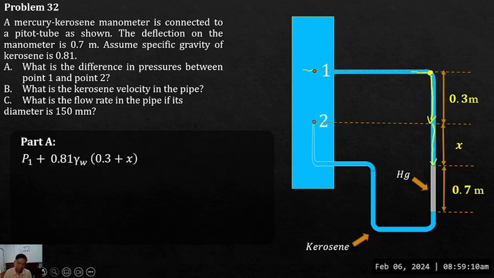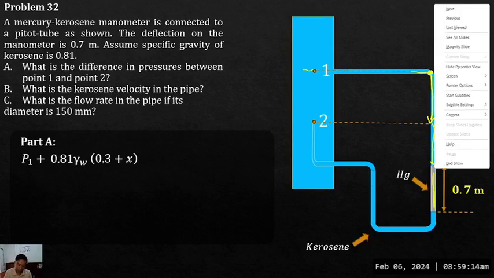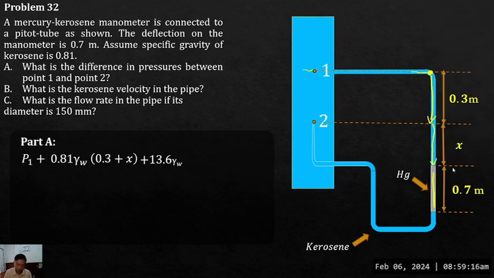And then, pababa ulit tayo dito sa column ng mercury. So that would be 13.6 times gamma water, times yung height natin na 0.7. Ayan. And then, ang pressure sa baba ng mercury, same lang din sa pressure dito sa kabilang tube. Tapos, akyat tayo papuntang point 2.